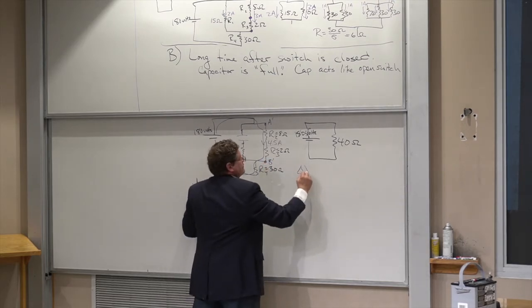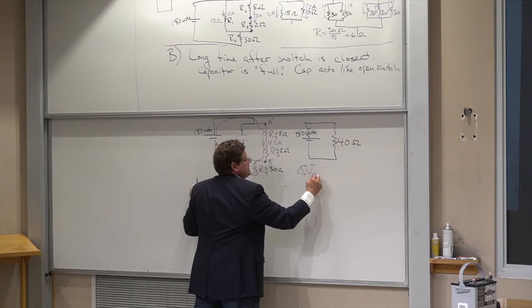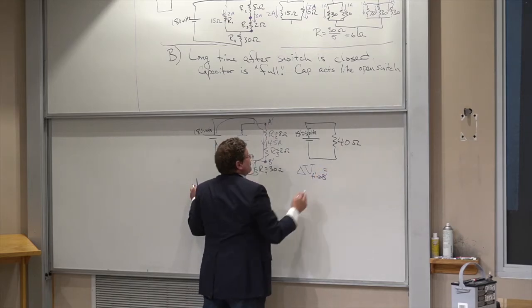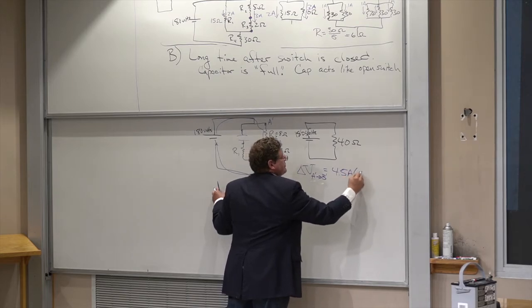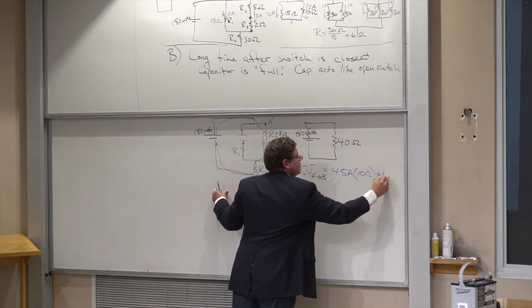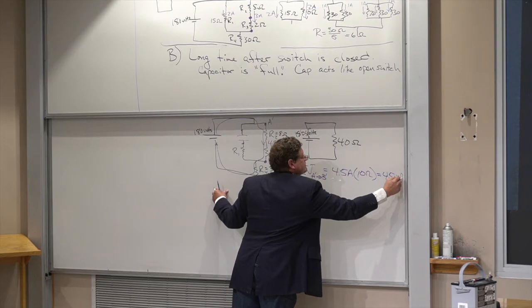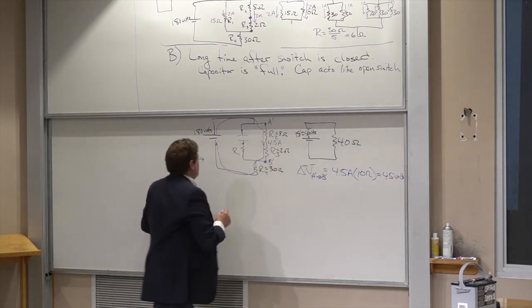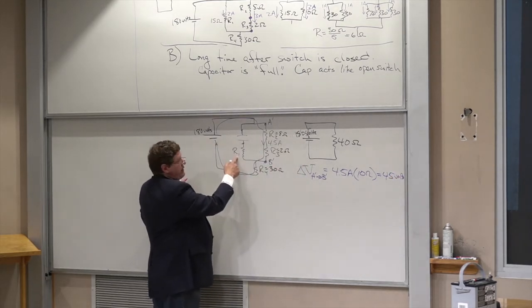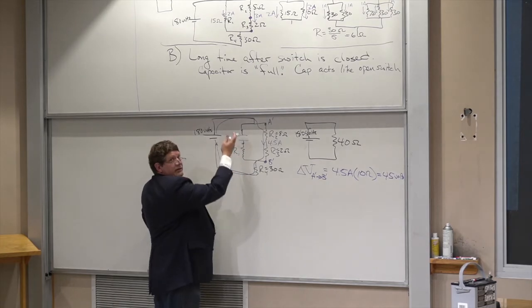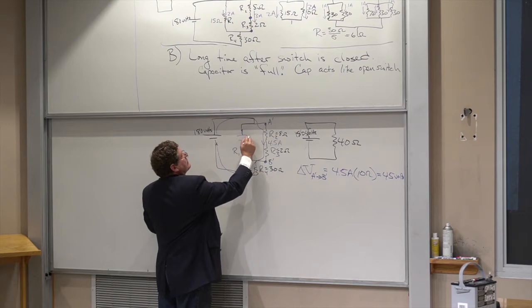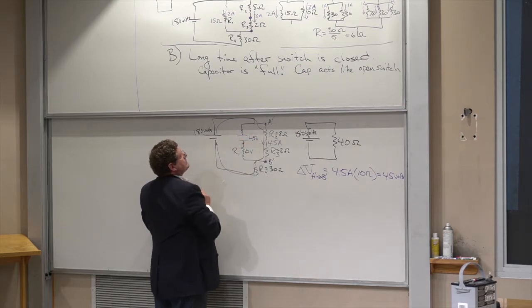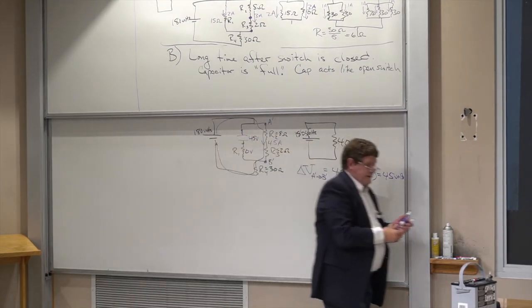The voltage from A prime to B prime is going to be 4.5 amps times 10 ohms, or 45 volts. Now, what's the voltage across R1? Well, there's nothing flowing through it, so this is going to be 0 volts. And so that means I'm going to have 45 volts here. Well, that answers my question.